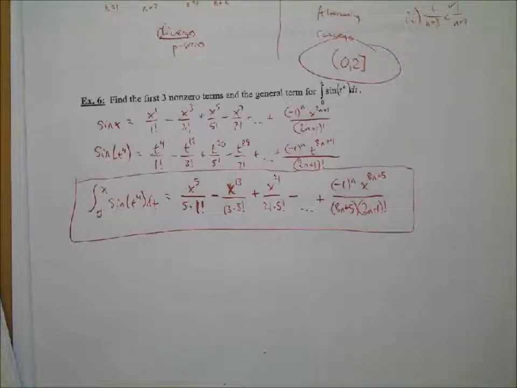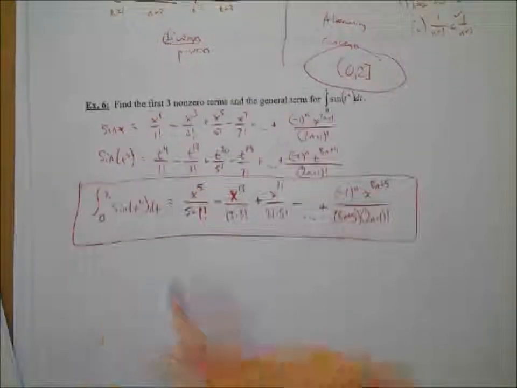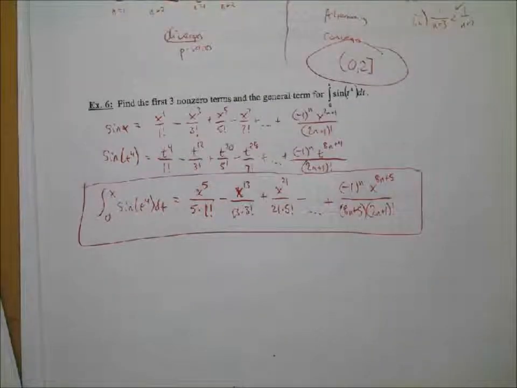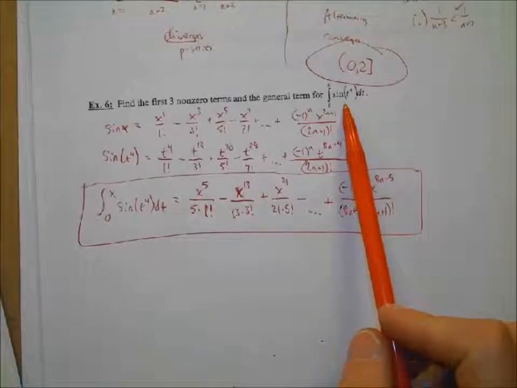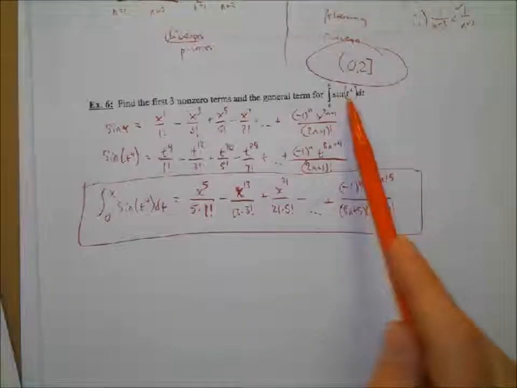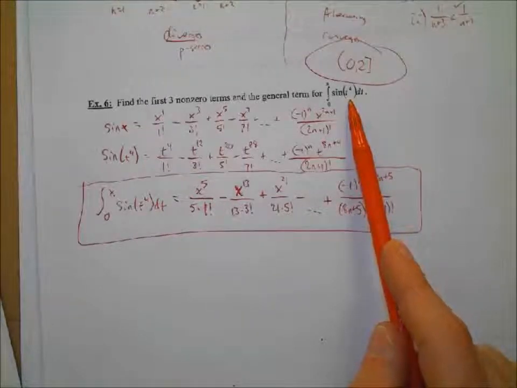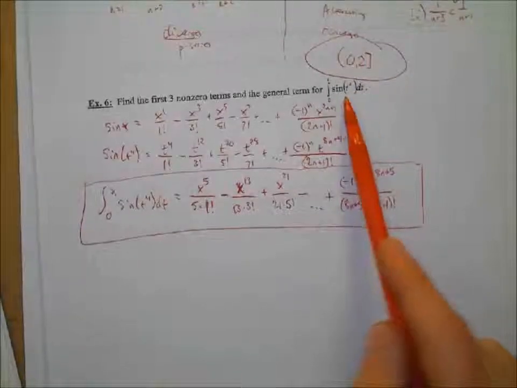Okay? Now, let's not lose what we just did right here. Let's not gloss over it. This is a bigger deal than maybe you think, right? We just went through something we've been practicing for a couple of examples now. But look at this integral. Before power series, were you able to integrate this thing? No, right?